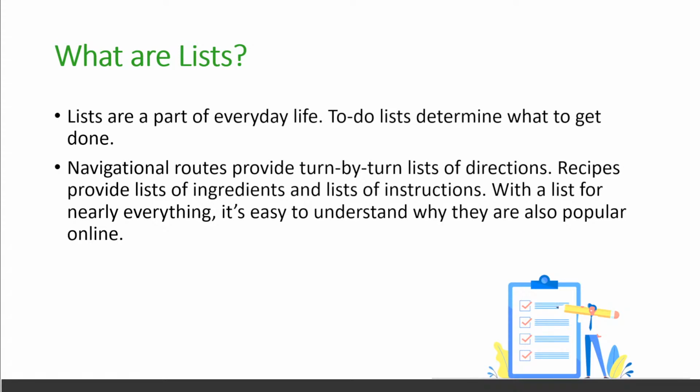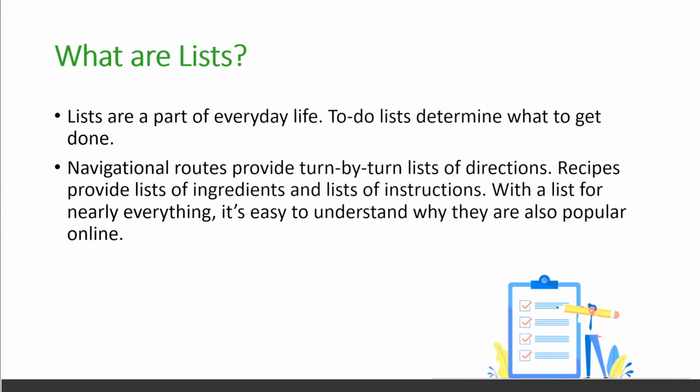And so these turn-by-turn directions are a different type of list than you might encounter if you were to do a grocery list, right? Because turn-by-turn directions have to be done in a specific order, right? Like you can't start at direction number 1 and then jump down to direction number 4, right?